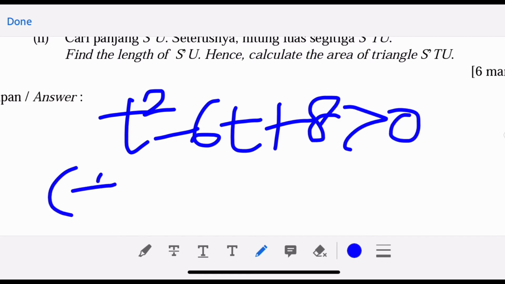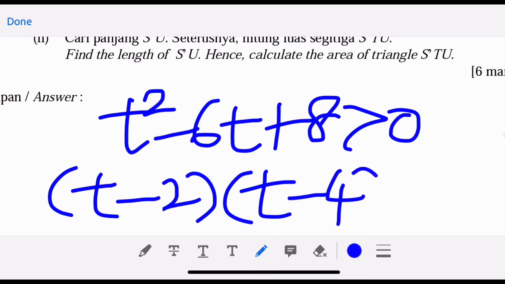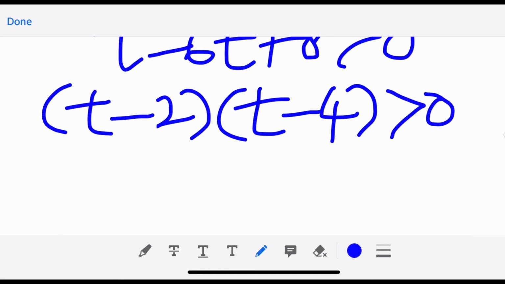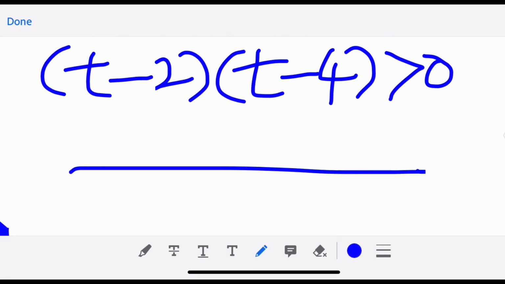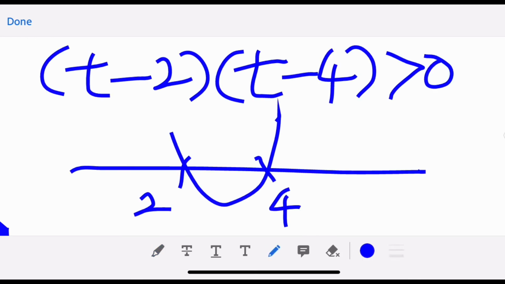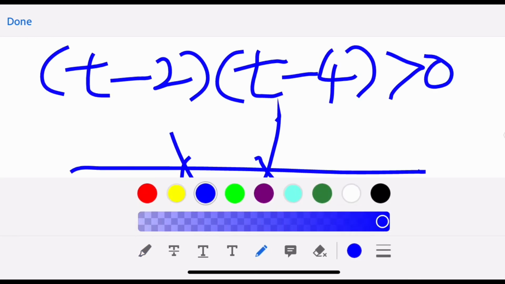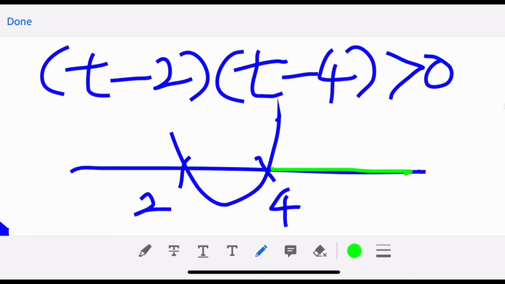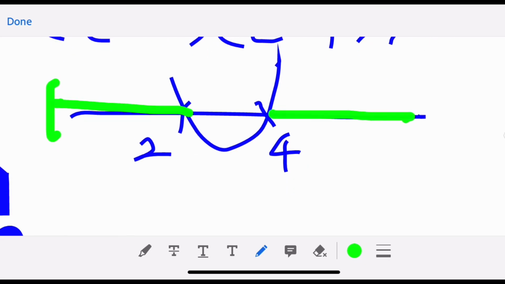So if we factorize, we have to read the range of t. It's a quadratic function. The roots are 2 and 4, smaller to the left, bigger to the right. So the velocity function is positive here, right? And here. But for the time, we always consider the positive value.